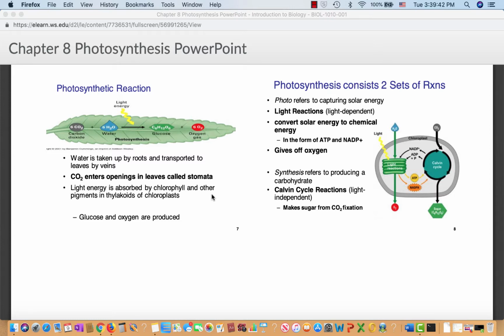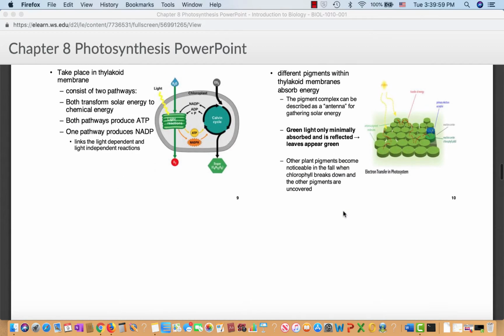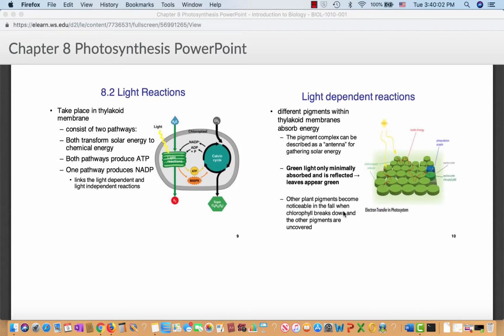The synthesis reaction of photosynthesis is producing your carbohydrates, your glucose, and that is done using the light-independent reactions, or the Calvin cycle. It makes sugar from CO2 fixation. So with that in mind, we'll look at these independently.